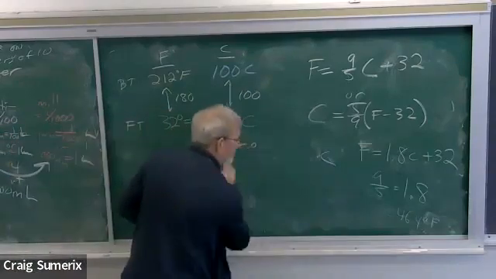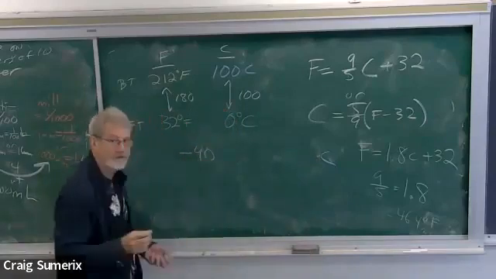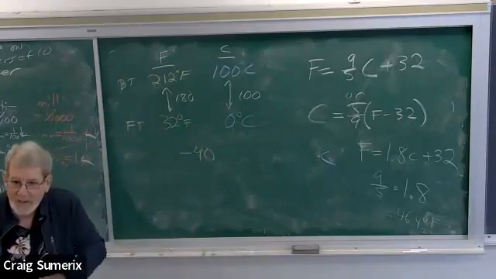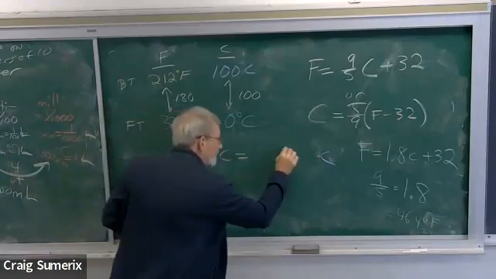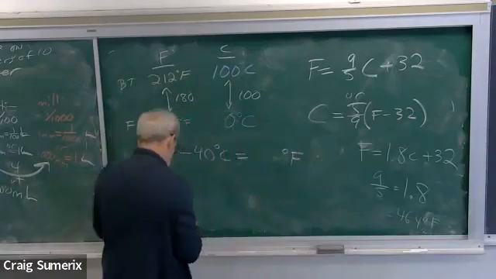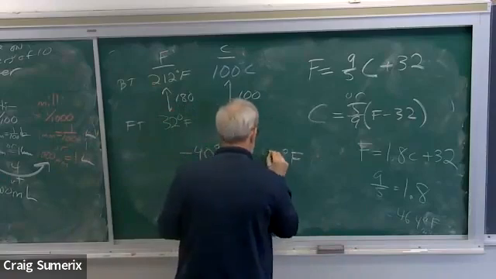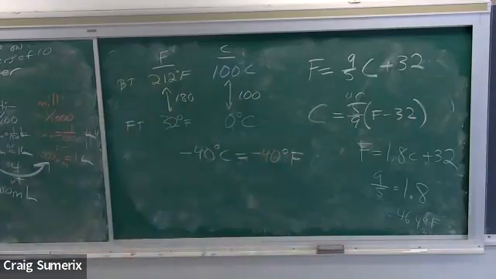Okay, one more real quick. How about negative 40 degrees Celsius or Fahrenheit? Celsius is equal to what in Fahrenheit? Go. I'm done. Believe it or not, negative 40 Celsius is negative 40 Fahrenheit.